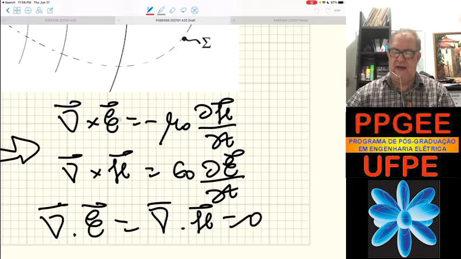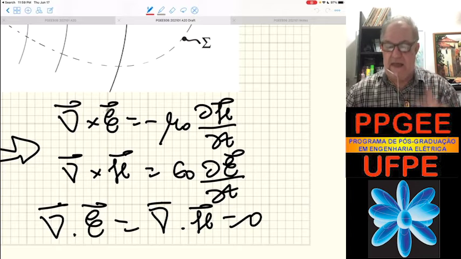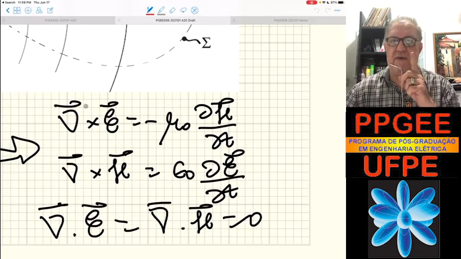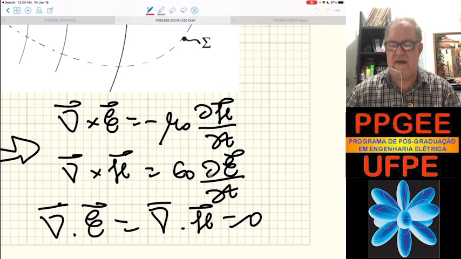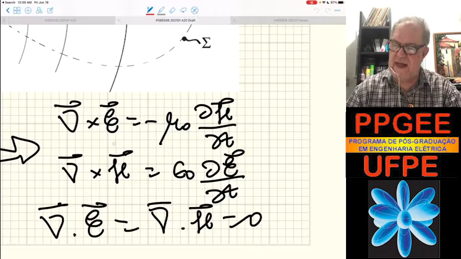So what we do, we are going to try to obtain equations in a single field quantity. To do that, if I apply the curl on both sides of this equation here, we're going to have curl of H, which is related to the time rate of change of E. So I'm going to do that.